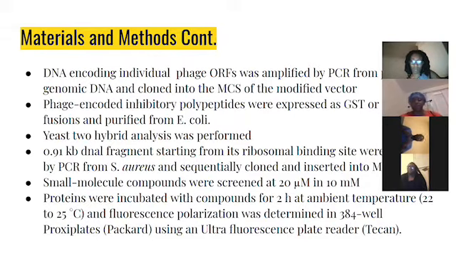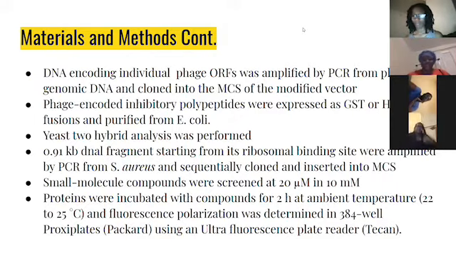Small molecule compounds were then screened at 20 micromolar in a 10 microliter volume. Then lastly, proteins were incubated with compounds for 2 hours at the ambient temperature of 22 to 25 degrees Celsius, and the fluorescence polarization was determined in 384-well plates using a fluorescence plate reader called a Tecan.